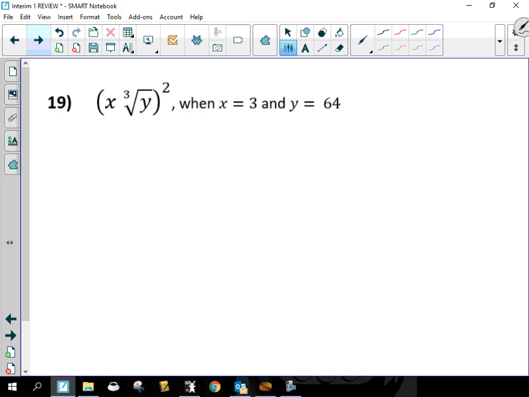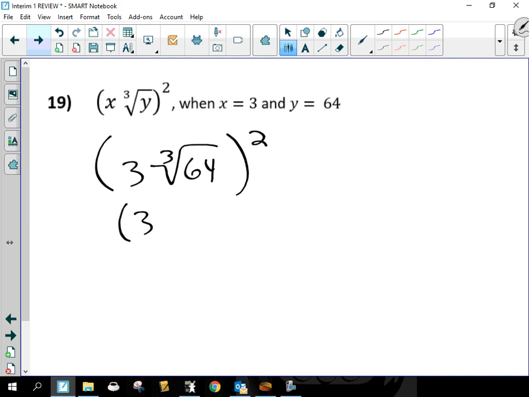For number 19, this is 3 times the cube root of 64. But all of that is squared, so we have to do what's inside the parentheses first. So that's 3 times 4 squared, or 12 squared, which is 144.